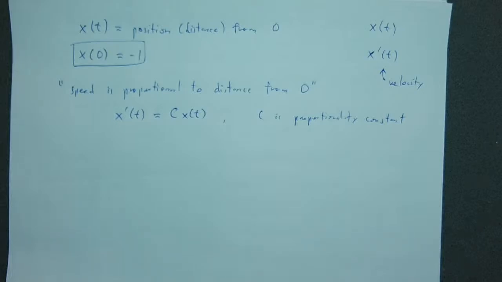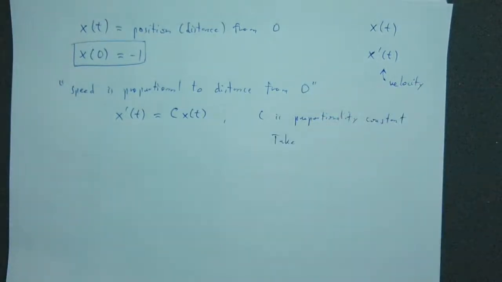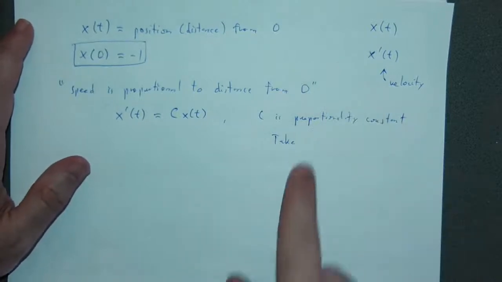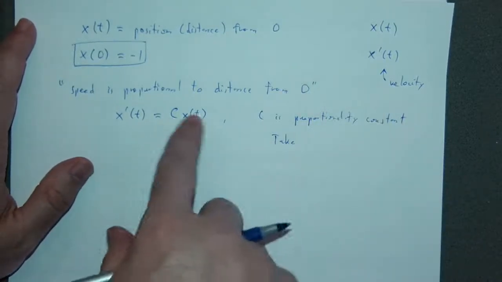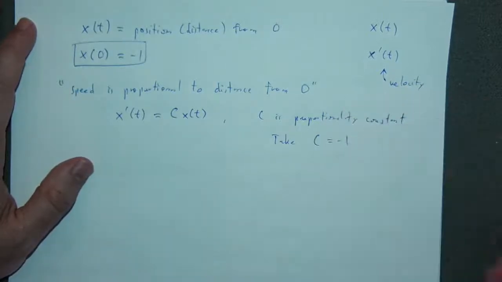Okay. And so specifically, if we take my proportionality constant to be, we'll say, -1 here, or we'll say that it's proportional with respect to 1, but we put a minus sign here for convenience. So take c equal to -1.